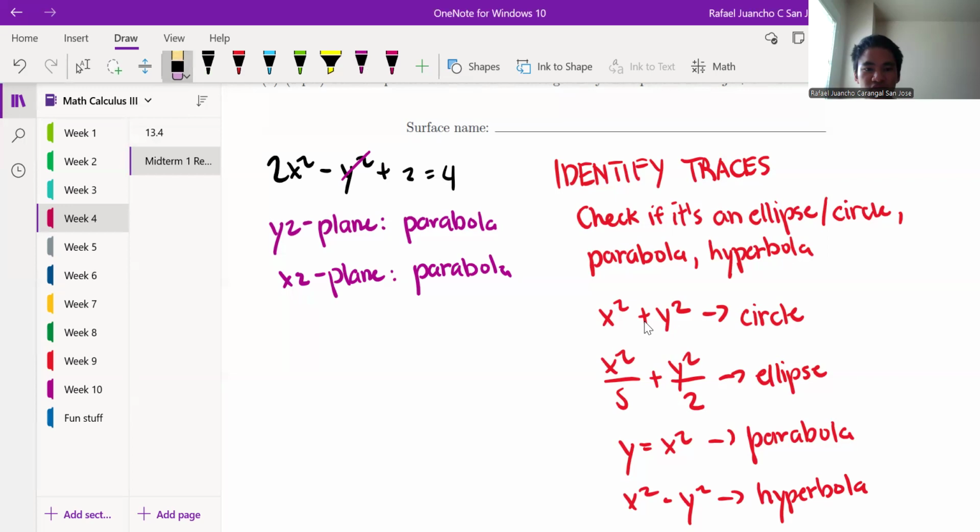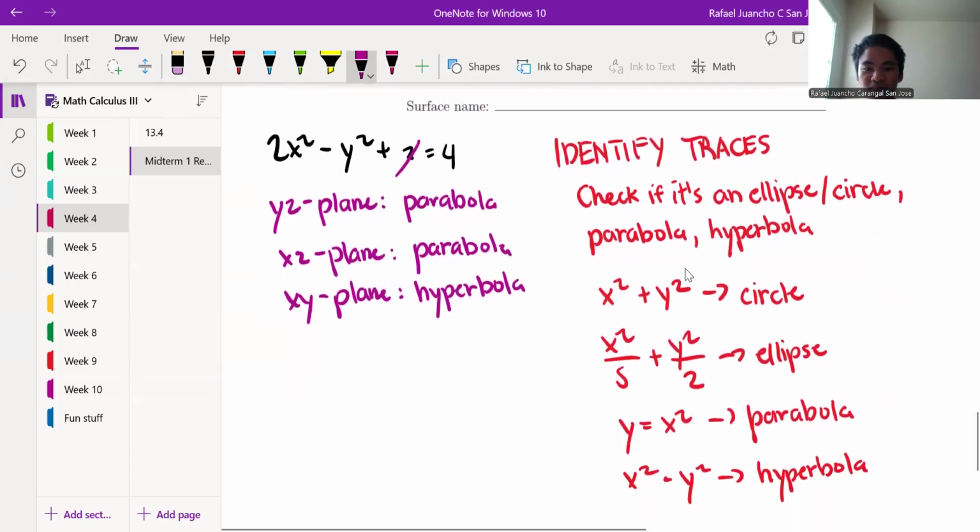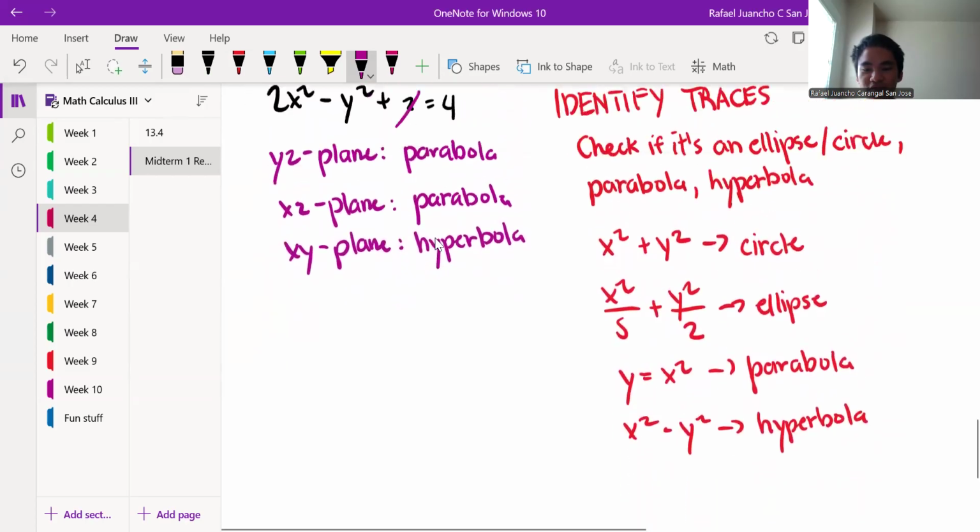Okay, and if we take out the z, oh, it's a subtraction, and it's 2x squared minus y squared. So it's a hyperbola in the xy plane. And so, yeah, what is the name of this thing?